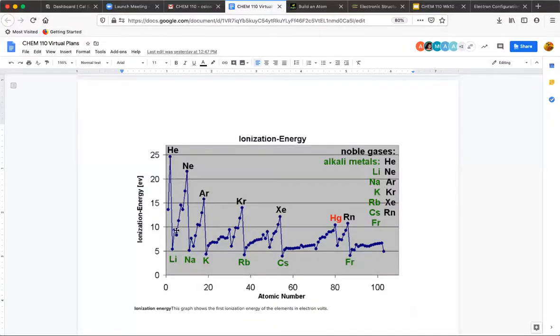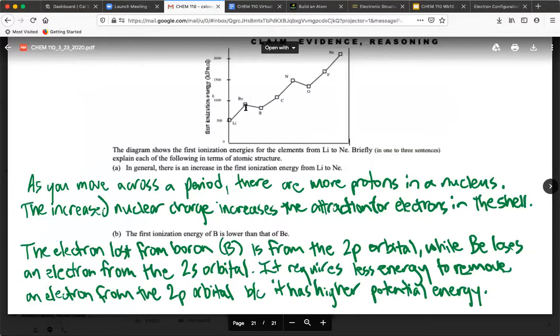And so as you go across a period, that's where you start to see the change. So for example, if I go back here, see how there's a hitch, right? Lithium, beryllium, boron. So beryllium is going to have a higher energy than boron because of that 2s.